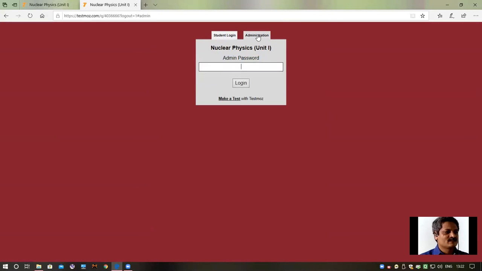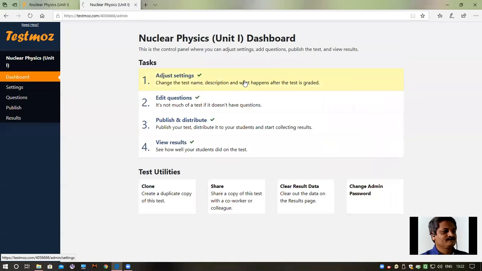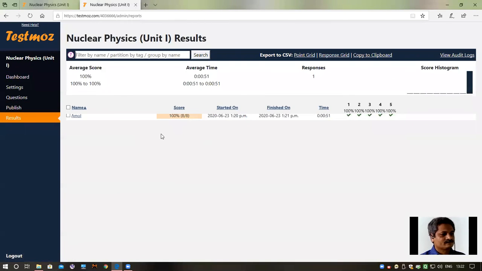As a teacher or administrator, only type the passcode or password 12345. Now log in. Result. Now see in results. As a teacher, we will see how many students attend our test. The given URL of this test is the same for teachers and students.